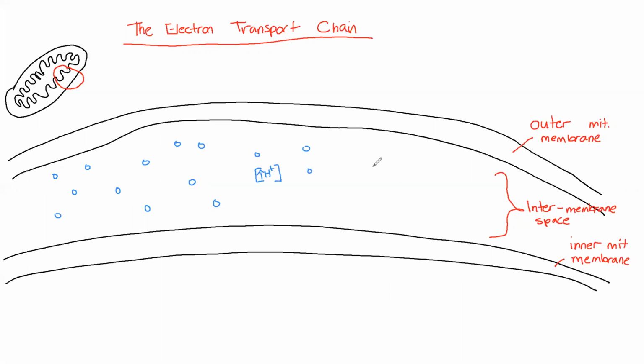And we've got a lower concentration of hydrogen ions down here, which is actually in the mitochondrial matrix. Right, so not very many protons here. We'll talk about how we end up with this gradient in a bit. So this area out here is called the mitochondrial matrix.